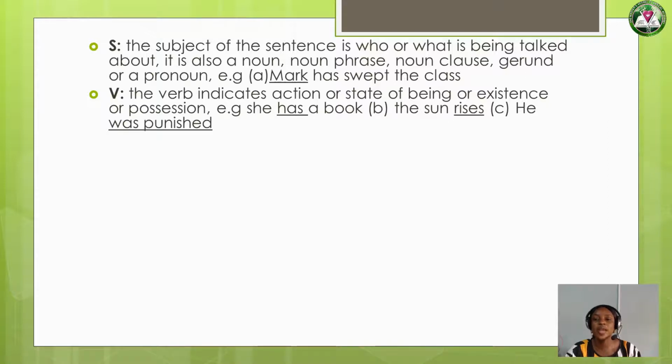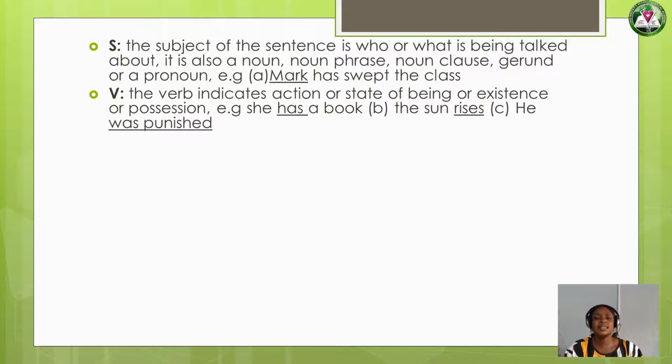So we have two verbs in that sentence. He was punished. We have was as the helping verb and punished as the lexical verb.